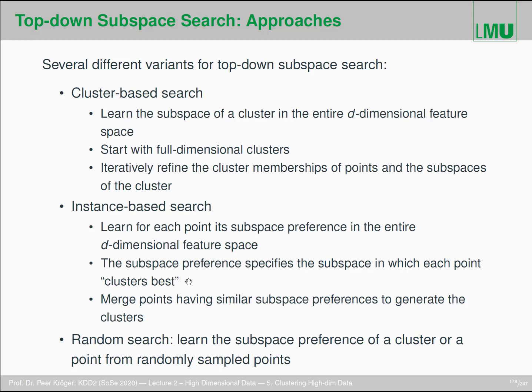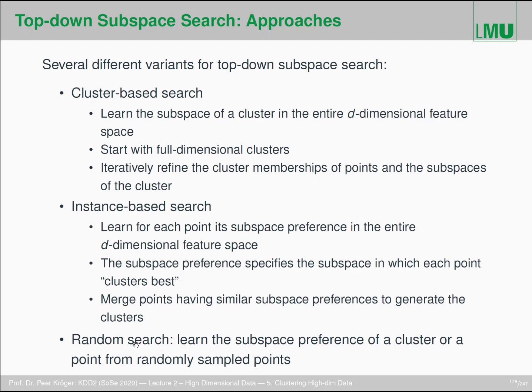Here the subspace preference specifies the subspace or projection in which this point clusters best according to some criteria. In the instance-based approach you come up with subspace preferences for points, and you still have to cluster. How you do the clustering here: you typically merge those points having the same or at least similar subspace preferences in order to find the final clusters.